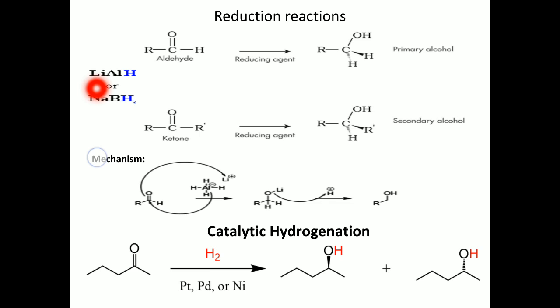Then the reaction can take place between the aldehyde or ketone molecules and hydrogen. That reaction produces an OH group. So these platinum, palladium, nickel surfaces are accelerating the reaction between the aldehyde or ketones and the hydrogen molecules.